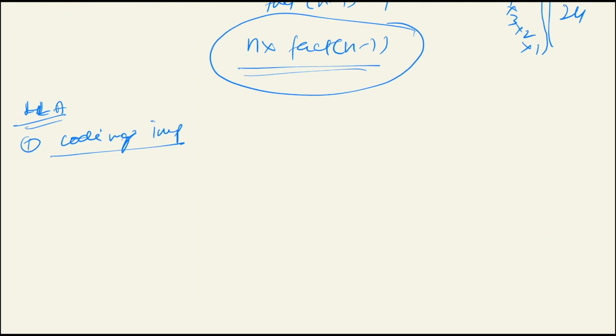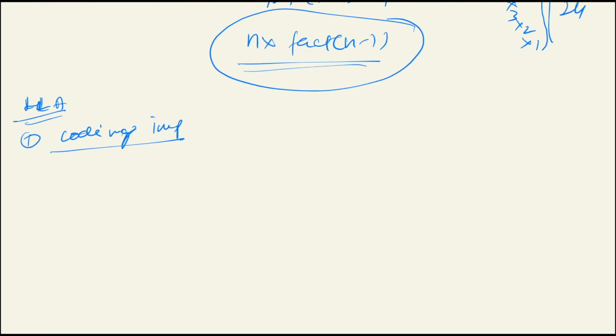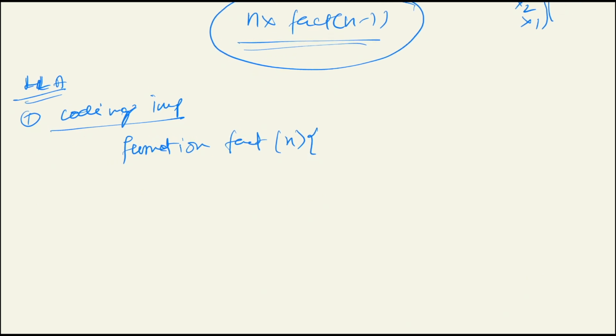Inside the coding implementation, we will write a function in JavaScript, function fact, and here we are passing a parameter n. Then we will open the body of the function. Here we need to find the factorial of n minus 1. So we will store the value in a variable, factorial n minus 1, which will be fact of n minus 1, right?